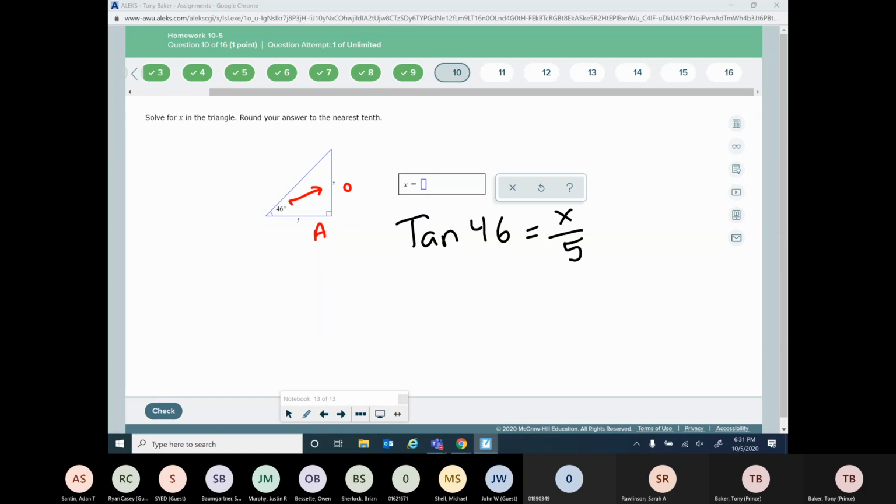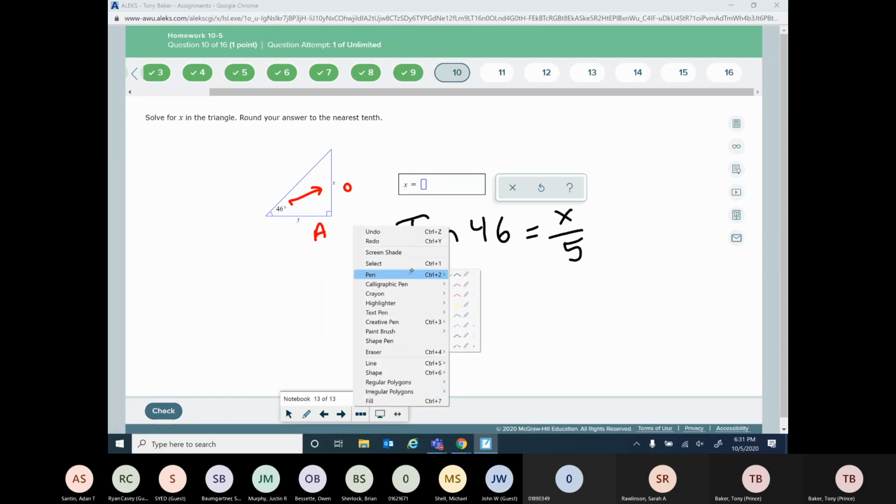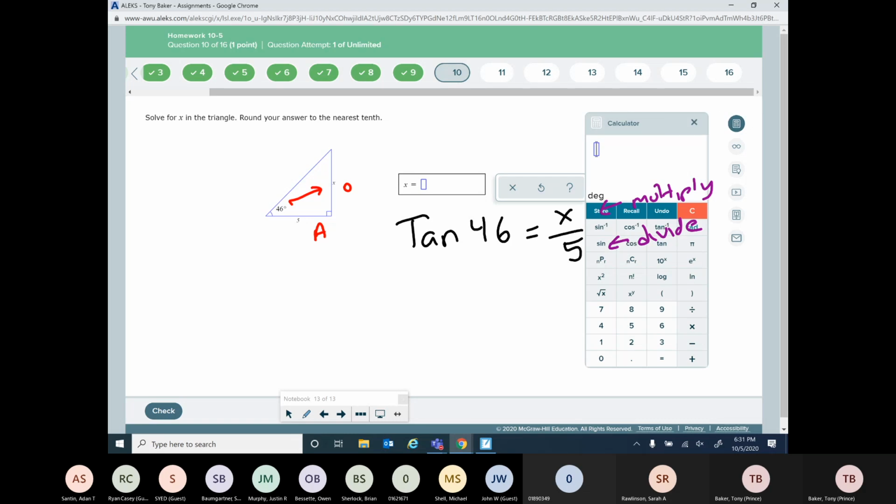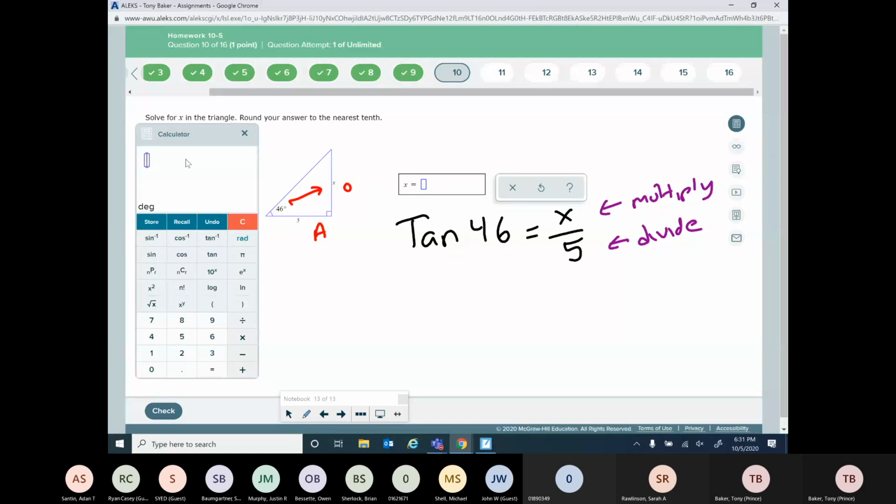A quick little shortcut way to remember it, or for how to do it in the calculator, if the variable's on top, we multiply. If it's on the bottom, we divide. So in this case, since my x is on top, I'm going to multiply. So when I multiply this, I'm going to put the number in first.